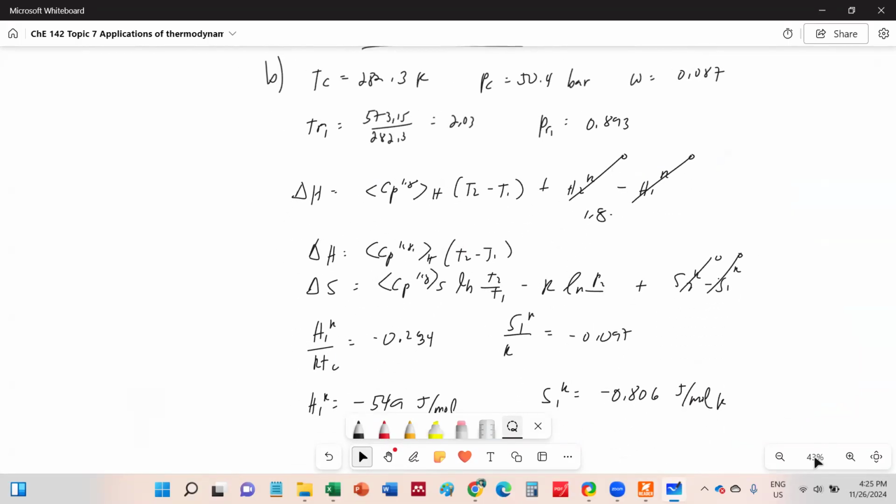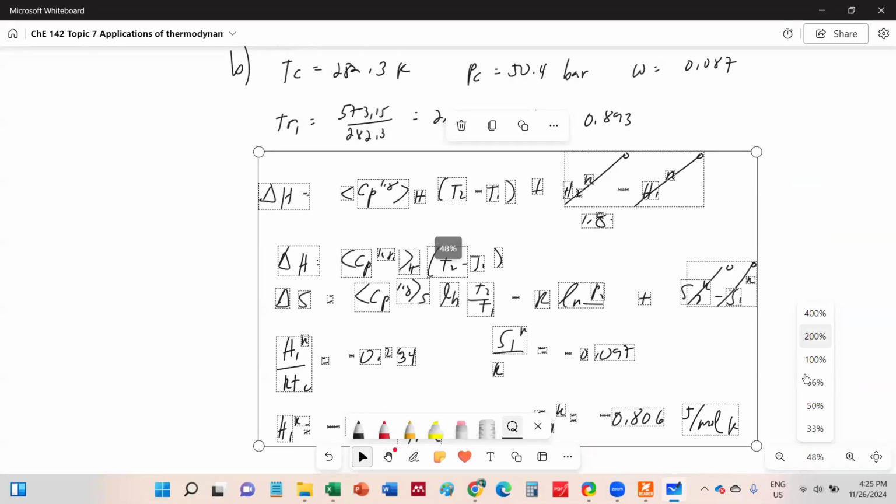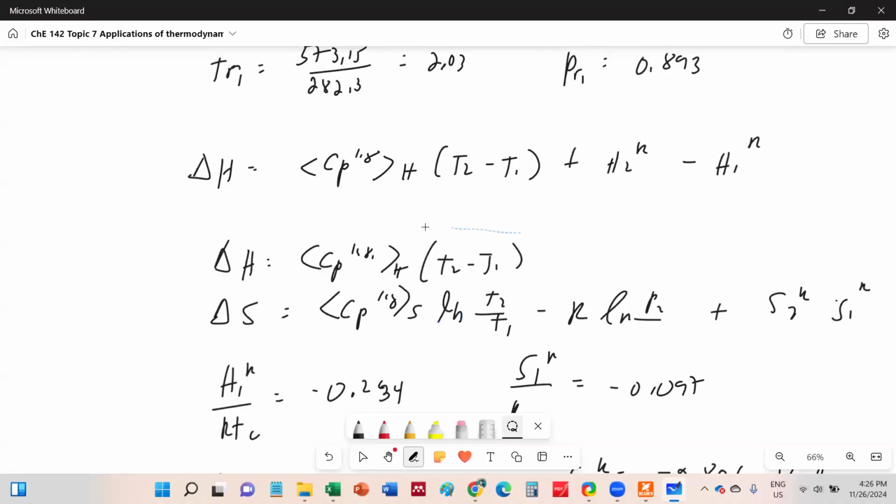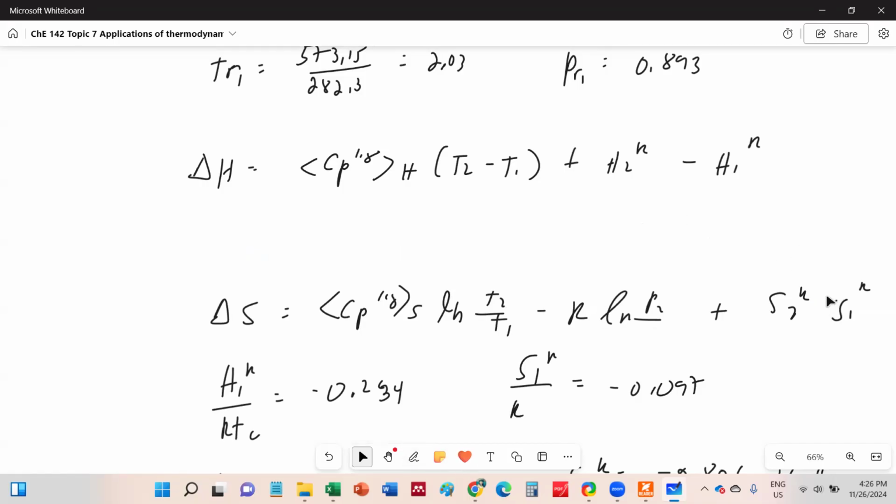And here, this is not an ideal gas. Let me fix it first. I'll pause the video. Alright, so this is our working equation, except for this one, it's not part of it. For H and S, we now have the H1 residual and the S1 residual.